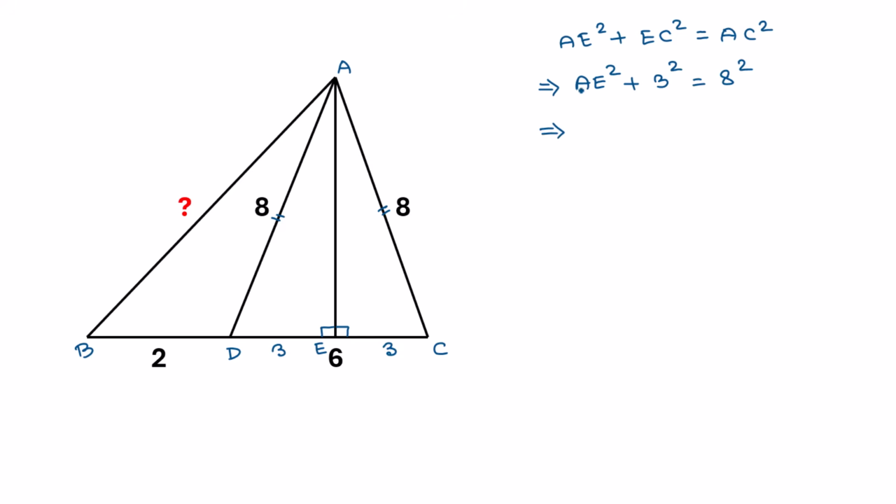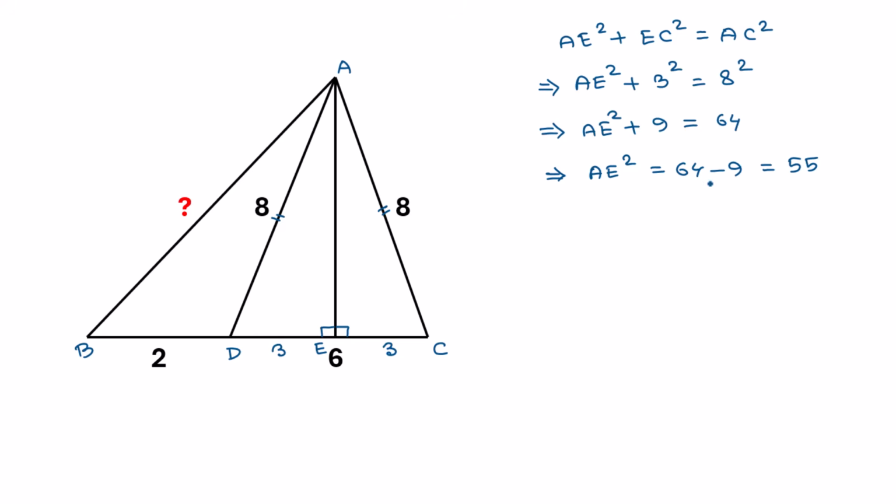or this AE square plus 3 square is 9 is equal to 8 square, this is 64. Now taking this 9 to right side, we can write AE square is equal to this 64 minus this 9, this is 55.